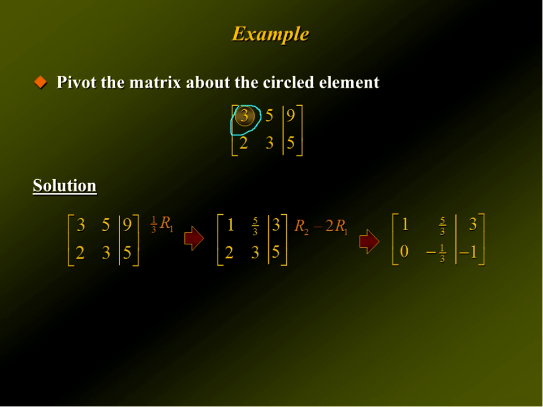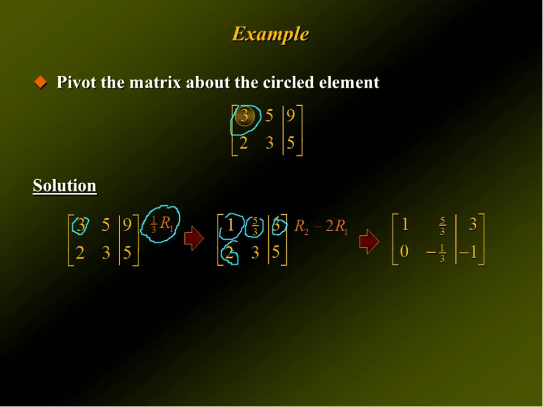First of all, we divide R1 by 3. When we divide R1 by 3, then here we get the 1, here we get 5 by 3, and then 9 by 3 is 3.